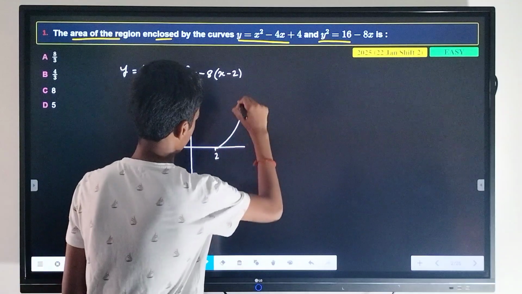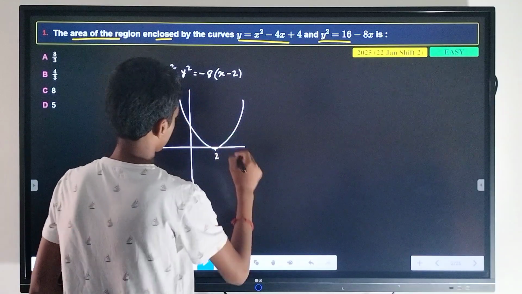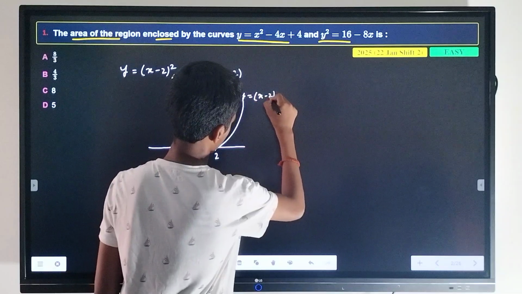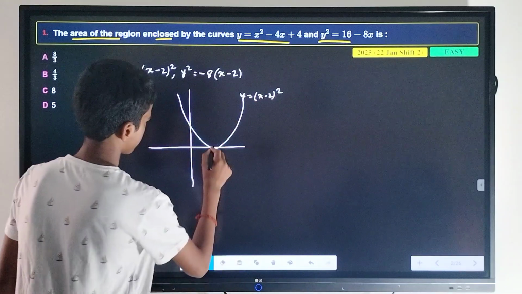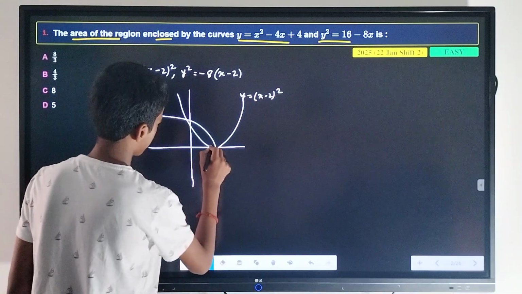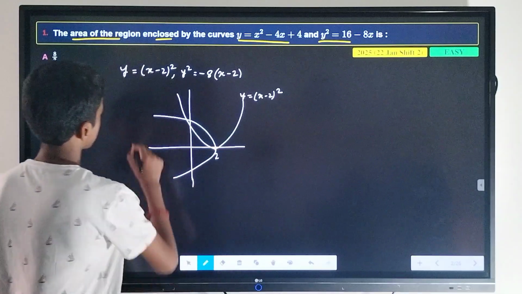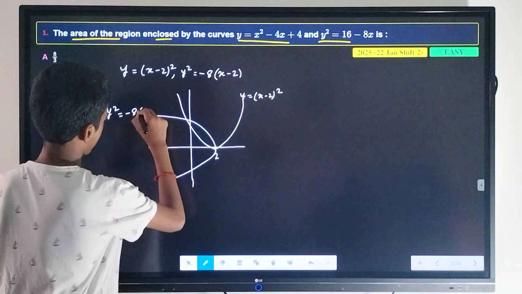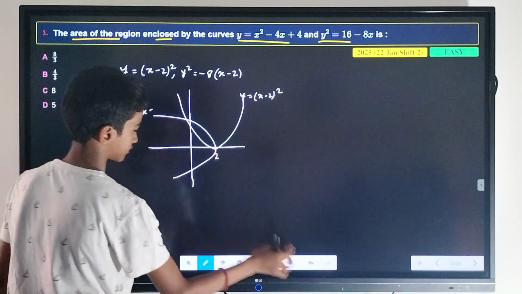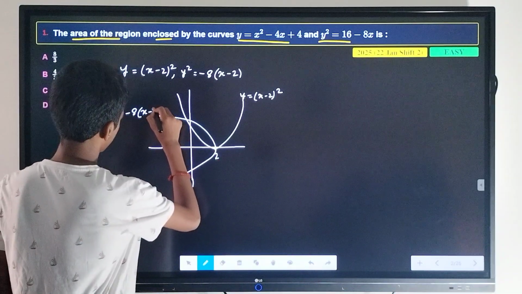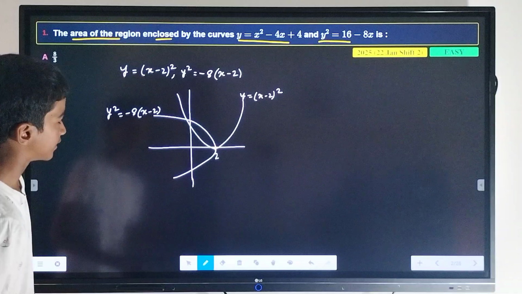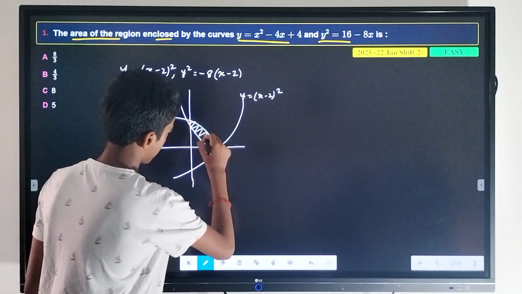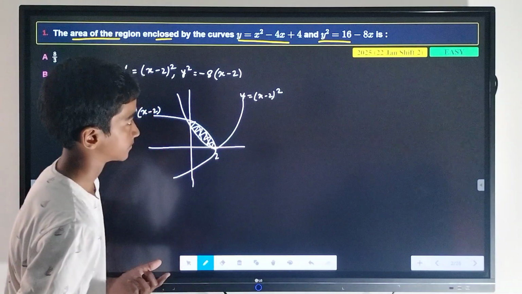So this curve will be y is equal to (x minus 2) whole square, and here we have our other curve. So this curve is y square is equal to minus 8 multiplied by (x minus 2). So here our required region is this region. We need to find the area of this region.